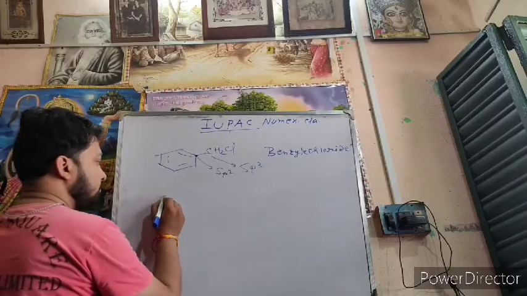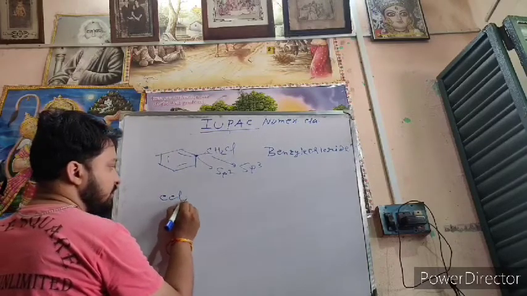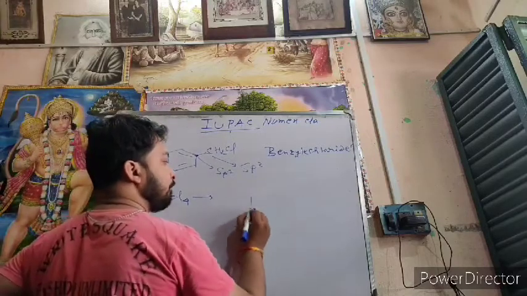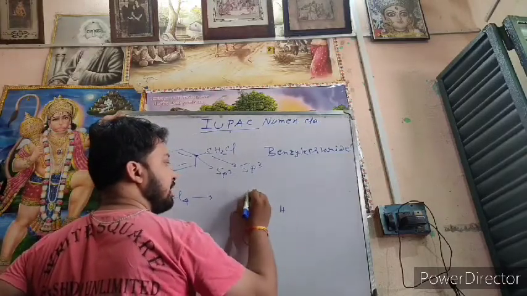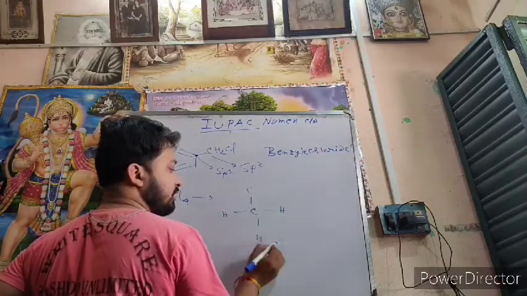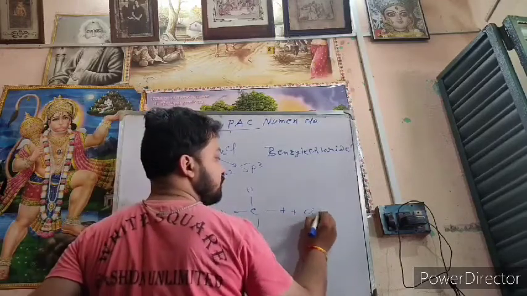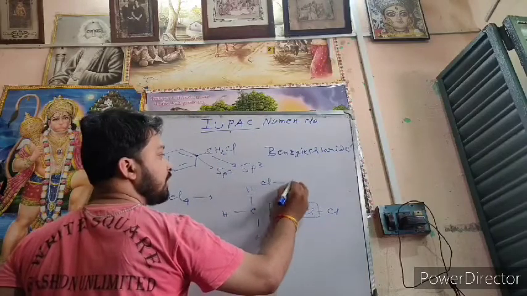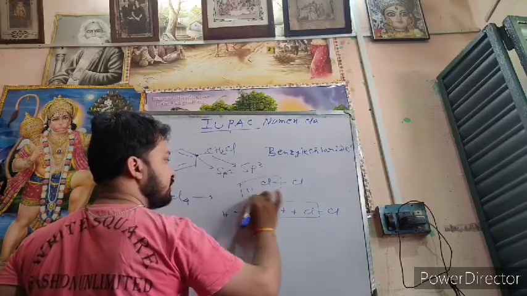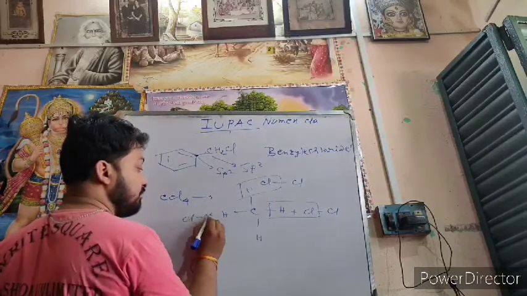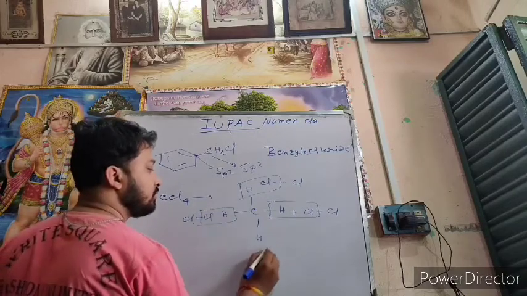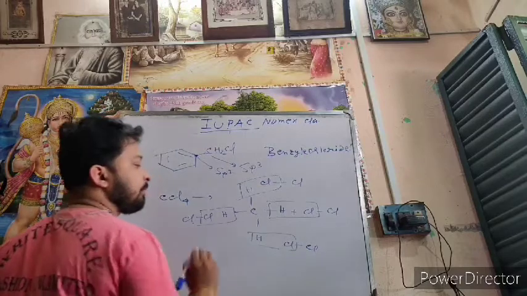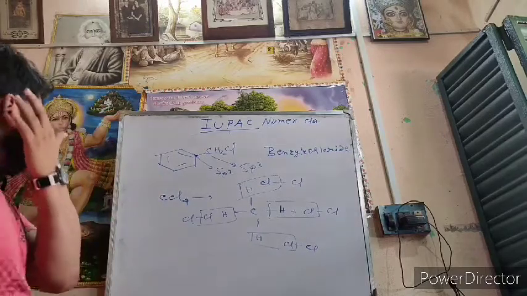Now take two more examples. This is very easy. The carbon, H, we react with chlorine and photon also, and the H is removed and Cl is attached.